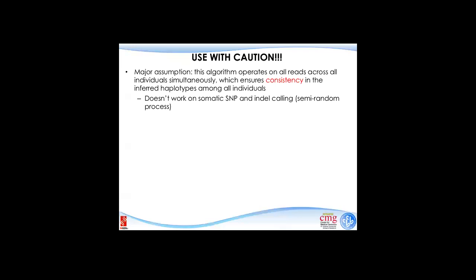Remember, we need that 5 log unit advantage. So if only a very small percentage of the cells in the cancer tissue have that small indel, you may not be able to identify it, okay?